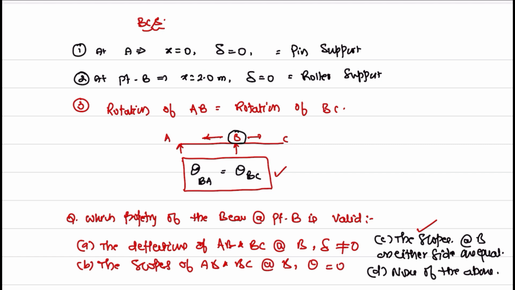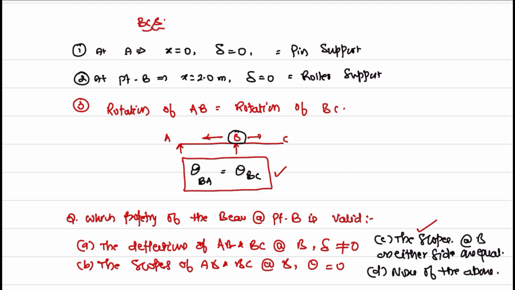These are the three boundary conditions. One is at the pin support, x is equal to 0, delta is equal to 0. Another is at the roller support at P, x is equal to 2, delta is equal to 0.